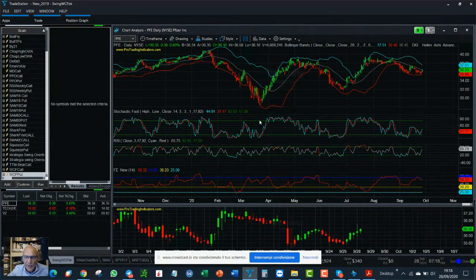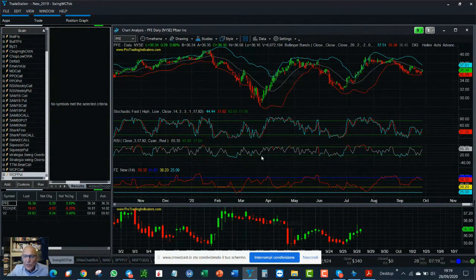The other criteria is that the stochastic fast should be in the oversold condition. Okay, so it has to be below 17. And the blue line, because as you know, the stochastic is composed of two lines, the blue one and the red one, the blue line is crossing towards the top the red line.